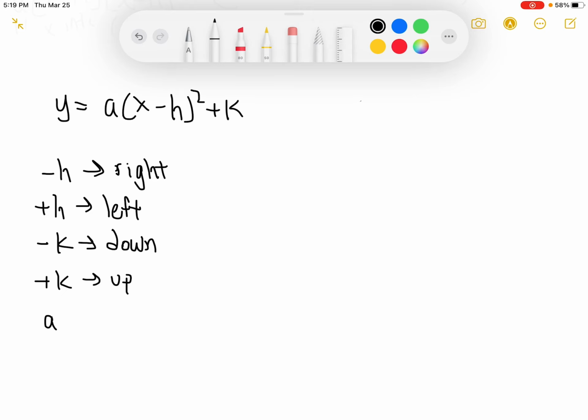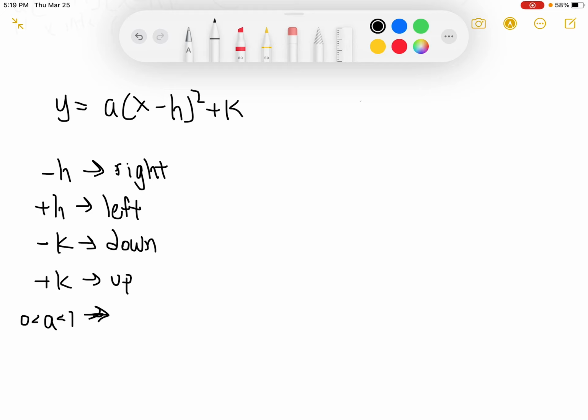What does a mean? Well, we already talked about this briefly on lesson 11, but if a is in between 0 and 1, then there's not an exact term for this. I mean, there technically is.